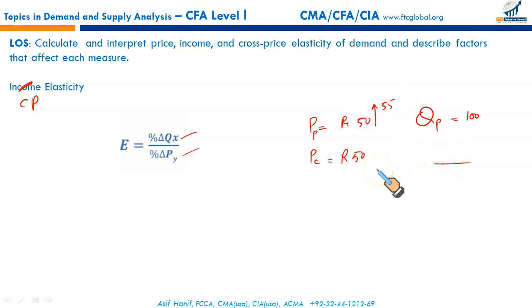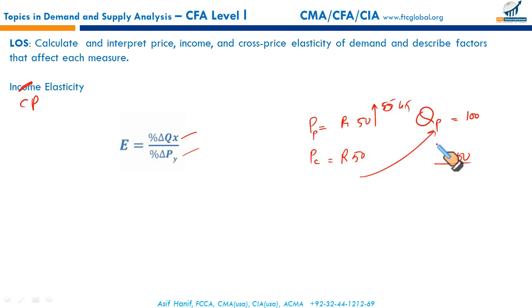So this is what cross elasticity measures: what would be the change in the quantity demanded if the change in price is made in another substitute good. It could also happen this way: maybe I was purchasing Coke originally, but if the price of Pepsi falls to 45, I will switch my spending towards Pepsi.